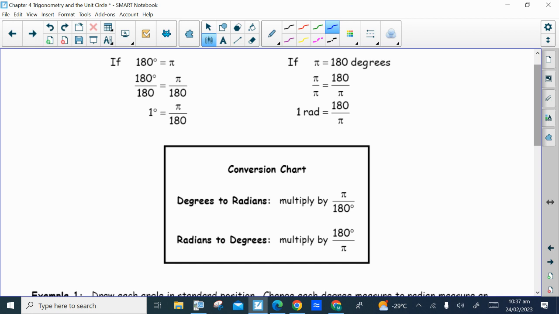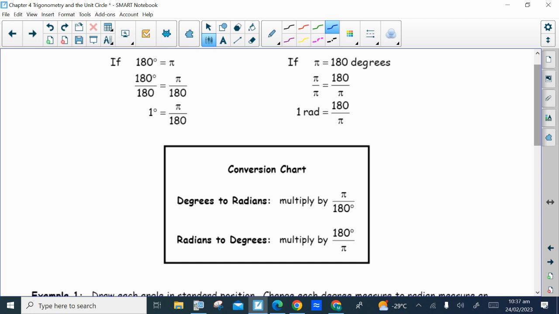When you're using that arc length formula, theta equals A over R, arc length over radius, theta has to be in radians. So if it's given in degrees, you'd have to convert it to radians before you use that formula. So how do we convert from degrees to radians and radians to degrees?